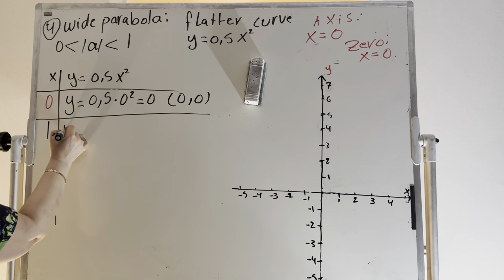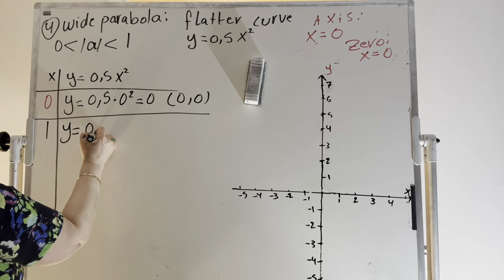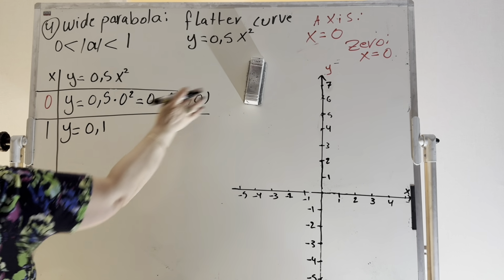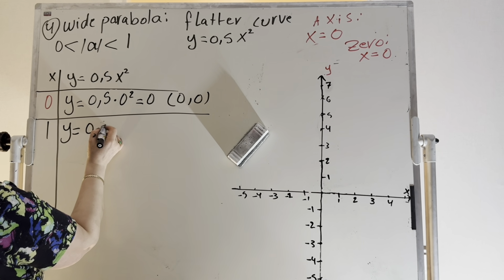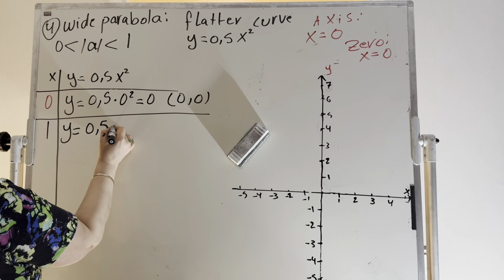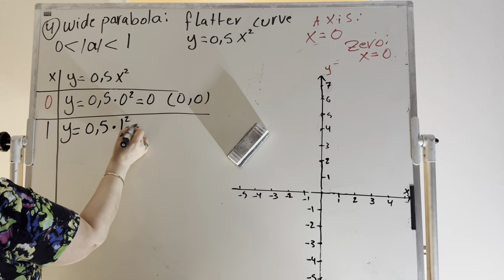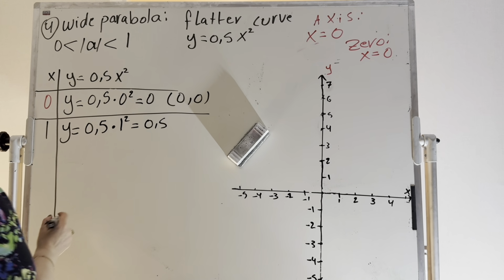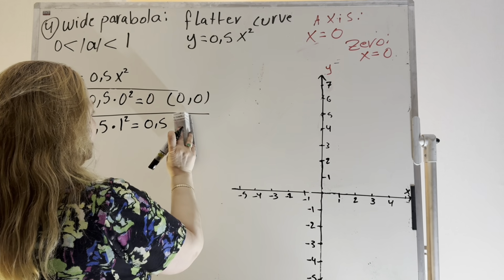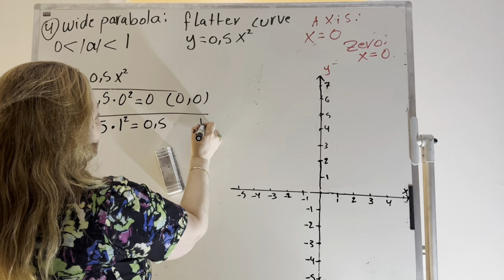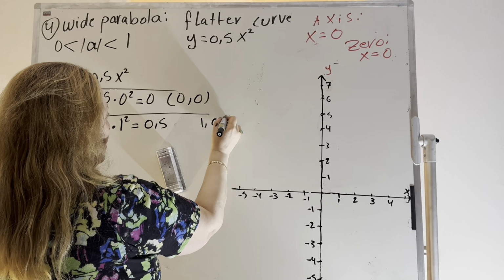When x equals 1, y equals 1 half, or 0.5 by 1 squared equals half. So when x equals 1, y equals half.